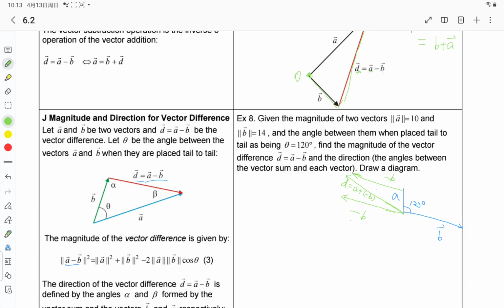And the magnitude of the vector and the direction, the magnitude would be, because the angle is 120. You can also draw it in your own way. If you don't like my way of doing things, you can directly draw this is A minus B. All right, and then again we use that formula, not necessarily this one.